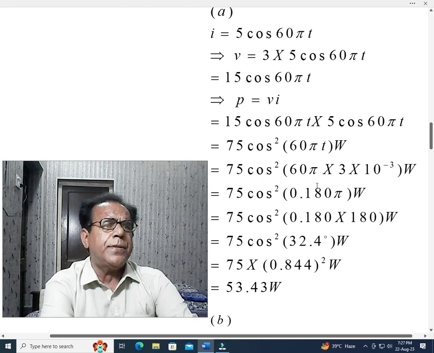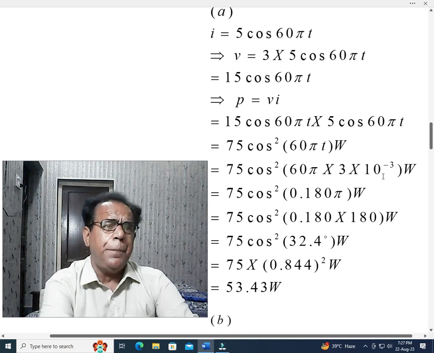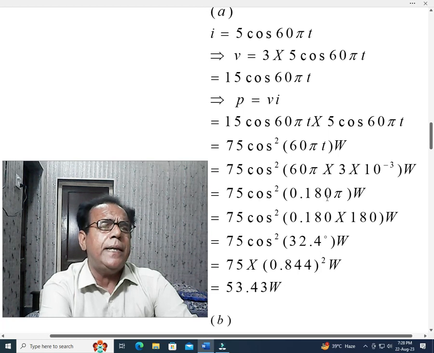So cos square 60 pi, in place of t we have used the given condition of 3 milliseconds, that is 3 into 10 raised to the power minus 3. It will become 0.180 pi, because 60 into 3 is 180, and 180 divided by 1000 is 0.180.